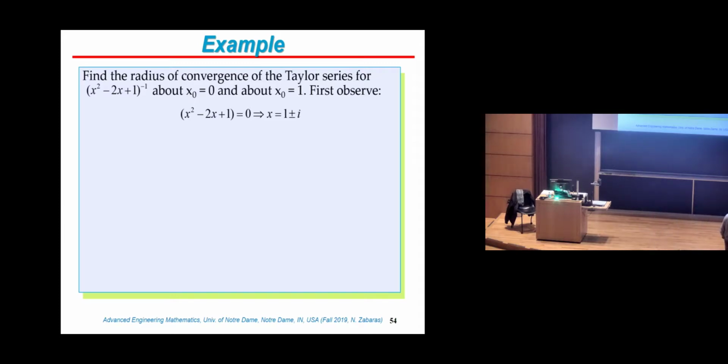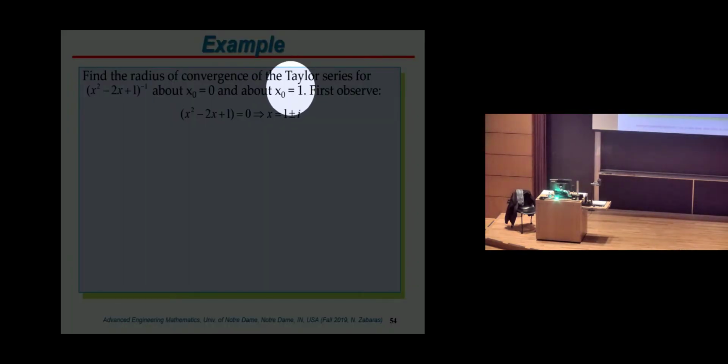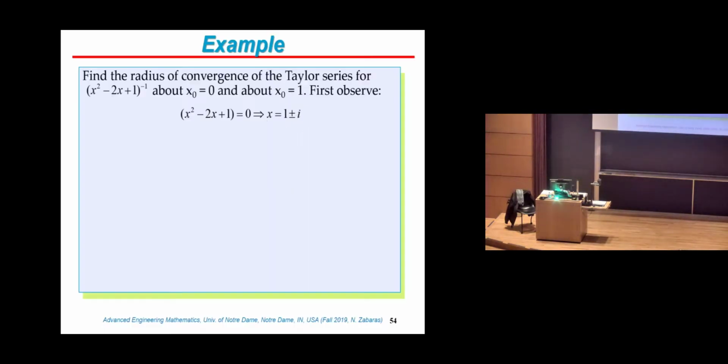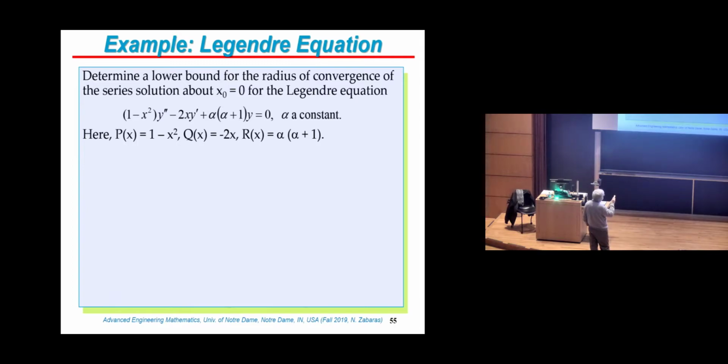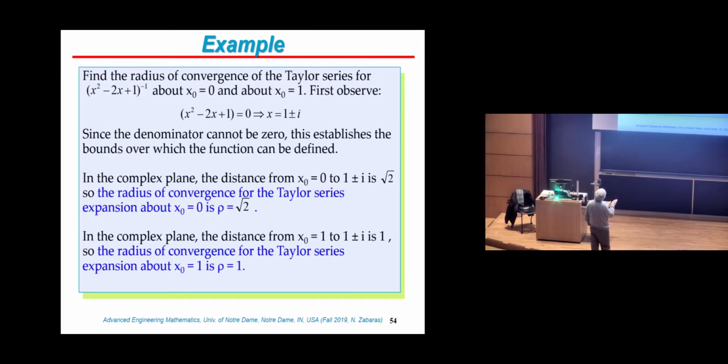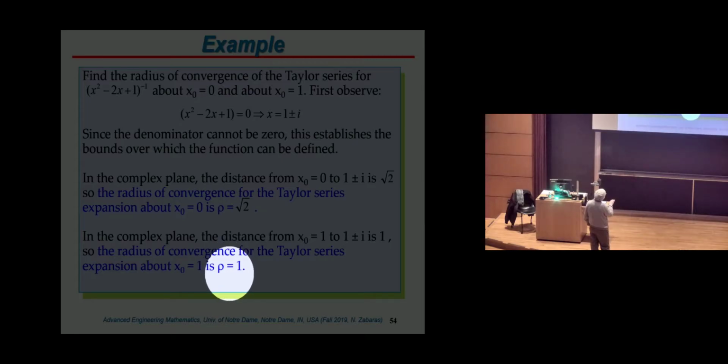What's the distance of 1 from 1 plus or minus i in the complex plane? If you take the point 1, and then you have 1 plus or minus i, what's that distance? All right? So for this point, the distance is rho equal to 1. Okay?